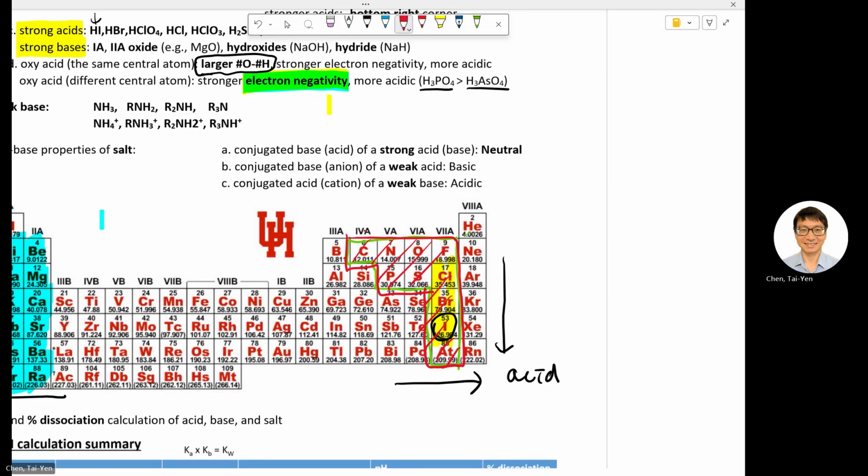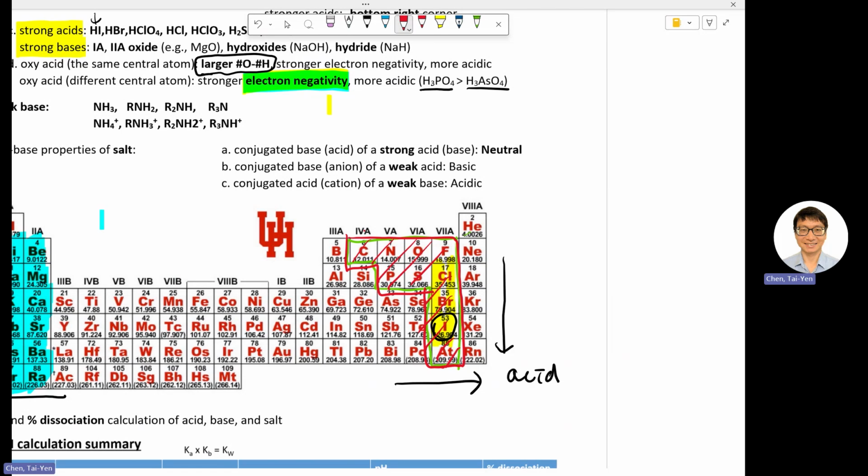Those are the atoms that have stronger electronegativity. And if you move into the top and the right corner, fluorine is the one with the strongest electronegativity. Things decrease as you spread out. But those are the ones that have stronger electronegativity.